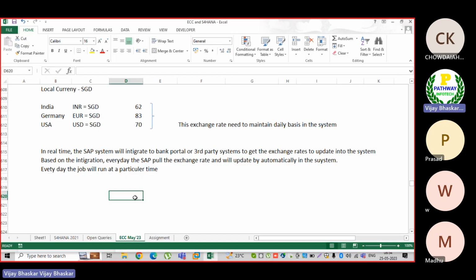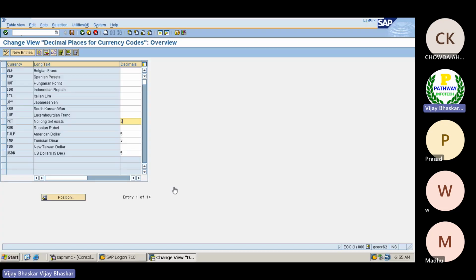Let us think, I have the amount here, then after that the decimal places, this is the three that I am maintaining here. But it depends on country to country how you want to maintain the decimal places.